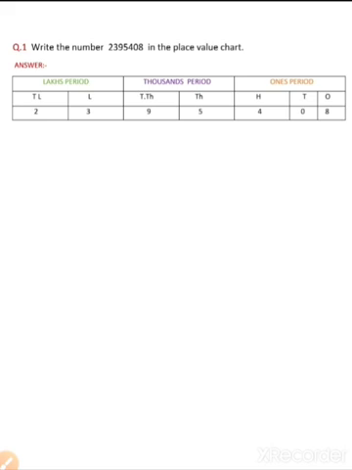Next digit is 9. It is written in 10,000s column. Next digit is 3. It is written in the lakhs period in lakhs column. And the next digit 2 is written in 10 lakhs column. So we have written the digits from right side to left side.